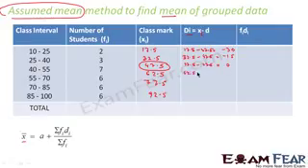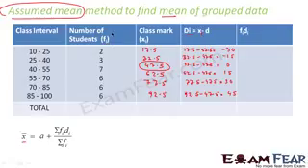Here it is 62.5 minus 47.5, so this came out to be 15. This one is 77.5 minus 47.5, which is 30, and this one is 92.5 minus 47.5, which came out to be 45. I got the values of di's.